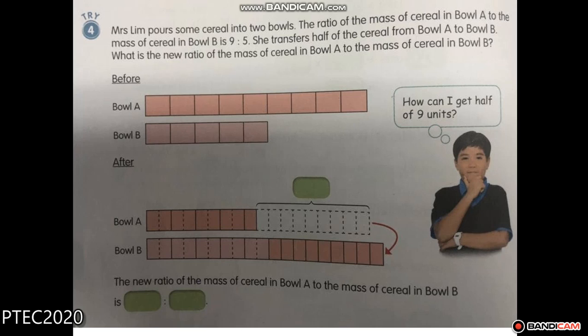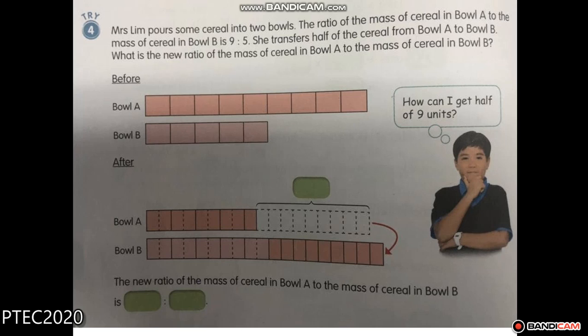So suppose that if we have 9 units of the cereal in bowl A, then there will be 5 units in bowl B. That is in proportion, but it can be more than that.